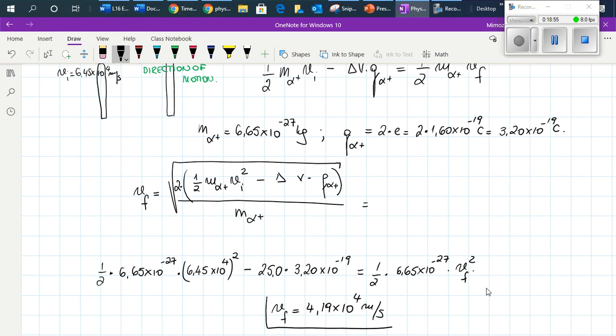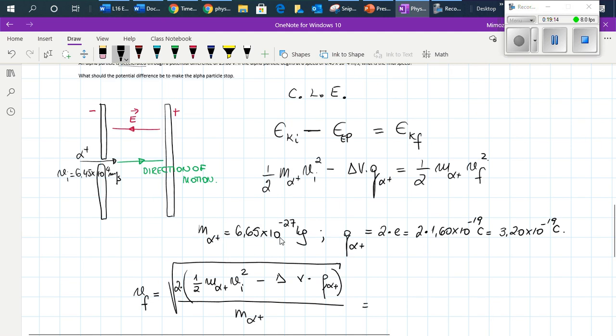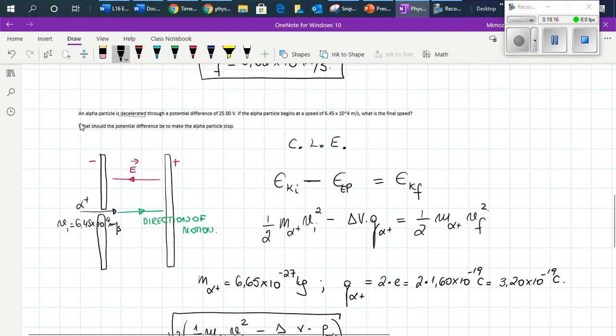You were expecting that this would be lower than initial, because the kinetic energy is, quote unquote, eaten up by the electric potential energy between the two parallel plates. Now, the second part of this question is kind of interesting, because we are asking what the potential difference, delta V, should be to make the alpha particle stop.